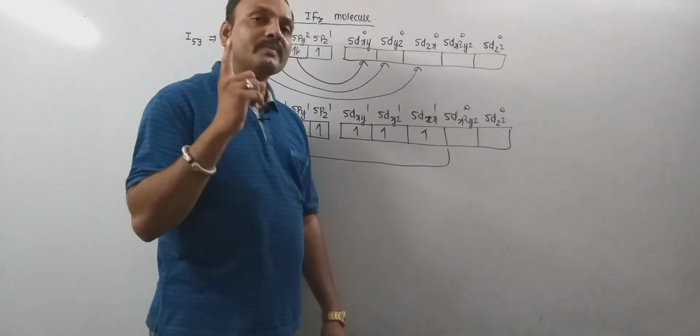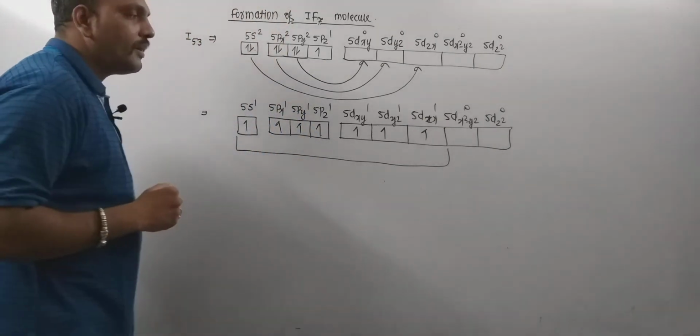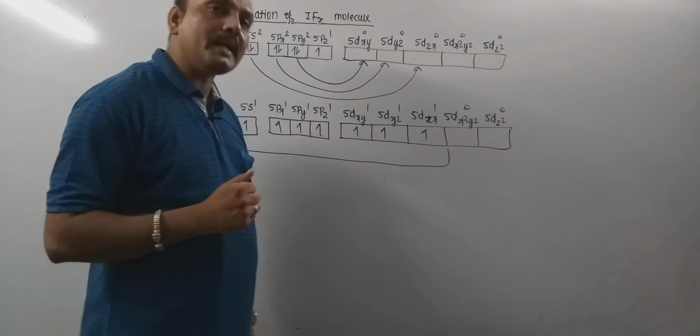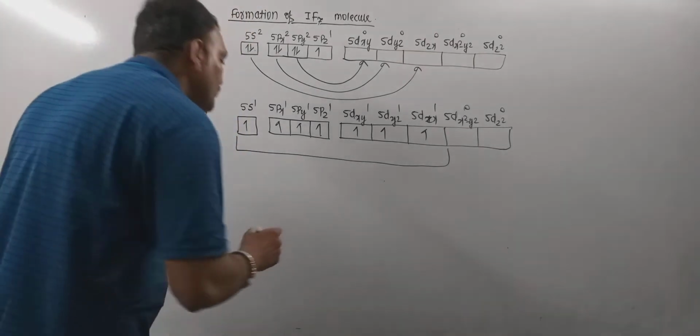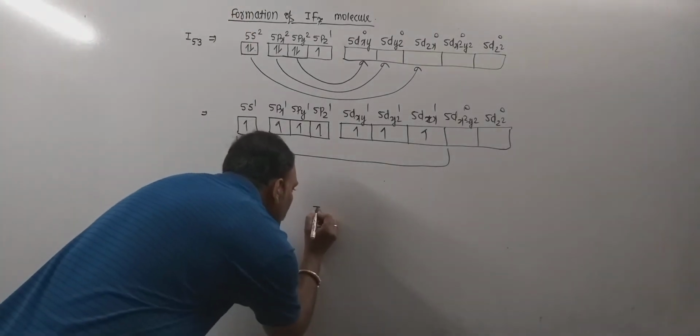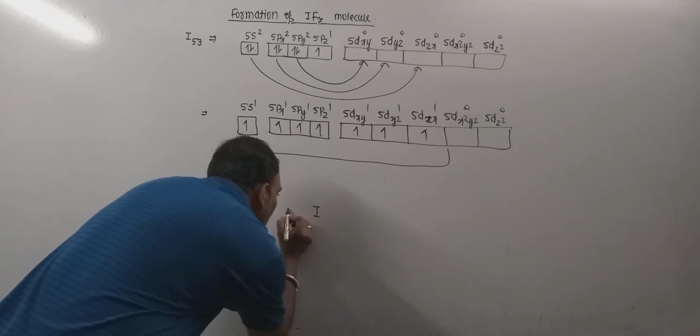And remember, these hybrid orbitals are called sp3d3 hybrid orbitals, and these are arranged pentagonal bipyramidal manner.